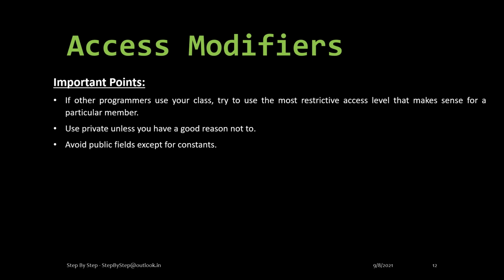You should use protected and public access modifiers only when there is a better reason that these access modifiers are being used by other classes for some purpose. Otherwise, you should always use private unless you have good reason not to. Avoid public fields except for constants. Constants definitely need to have public fields because those will be widely used across the board.